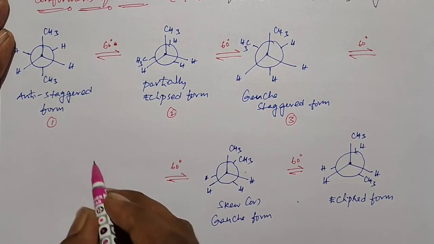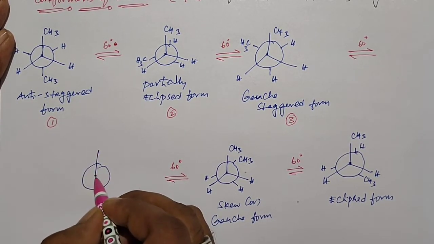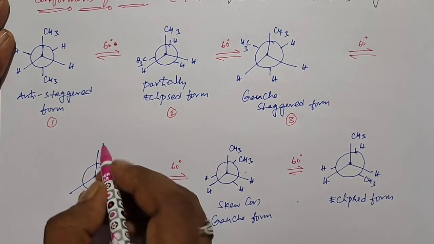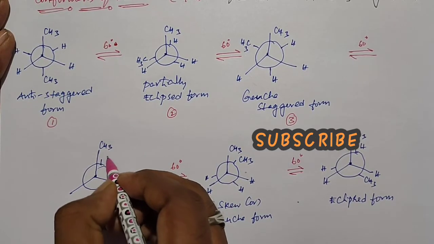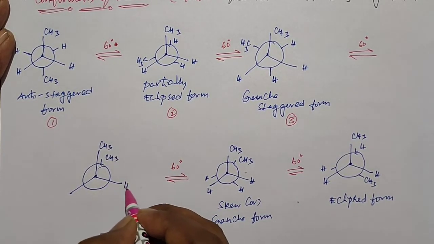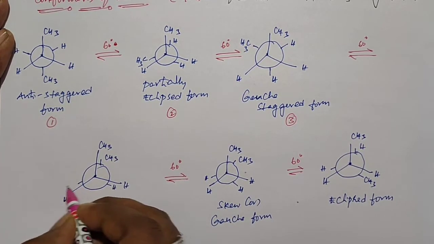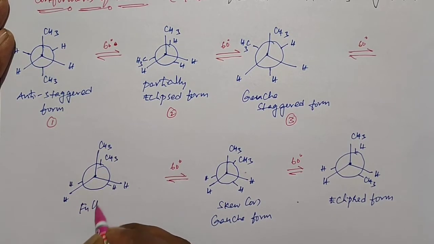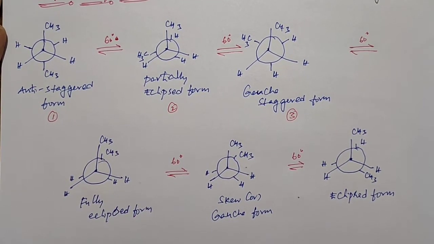This is the last conformer of butane, fully eclipsed. In the fully eclipsed form, both methyl groups coincide with each other, I mean parallel to each other. This is the fully eclipsed form. So these are the 6 possible conformers of butane.